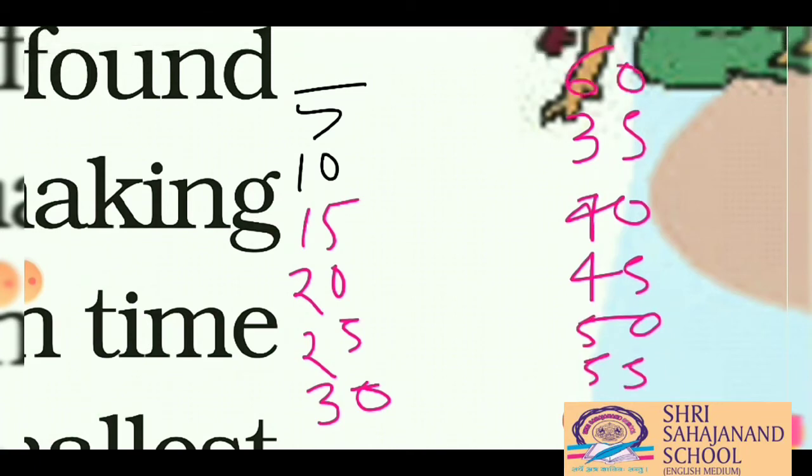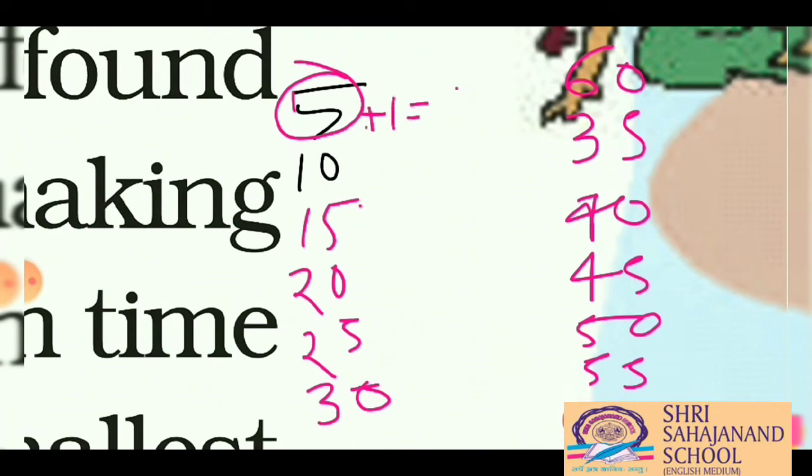So what is happening? If Sunita is making a group of 5, so 1 is left. So if I write 5, it is a complete group, 1 is not remaining. So for that I will just add 1 to all these multiples.